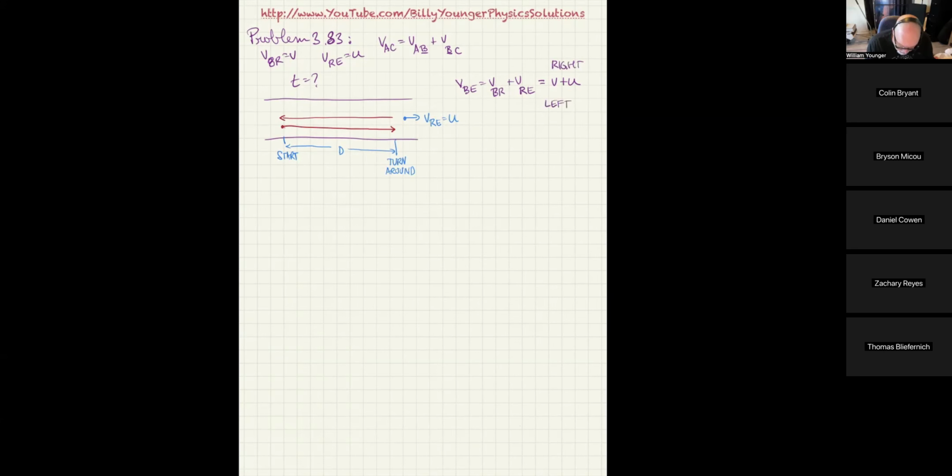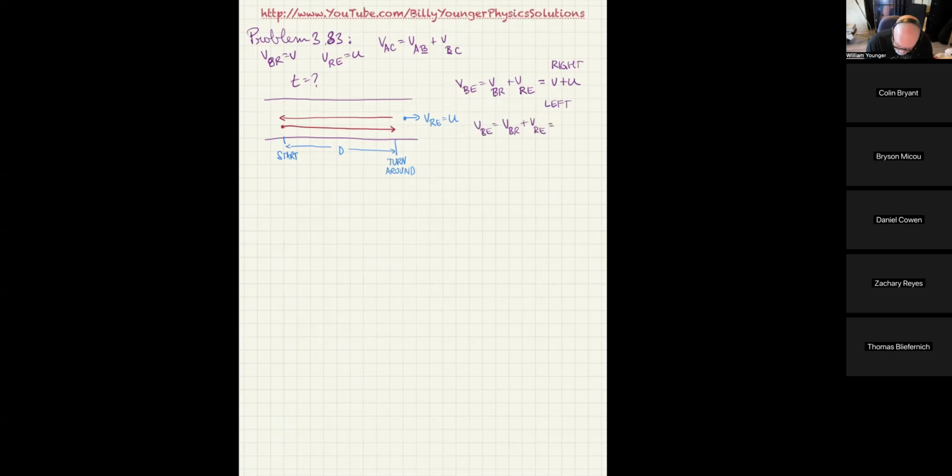what we can see is the velocity of the boat with respect to Earth is equal to the velocity of the boat with respect to the river plus the velocity of the river with respect to the Earth. But in this case, the velocity of the boat with respect to the river is actually going to be negative v.